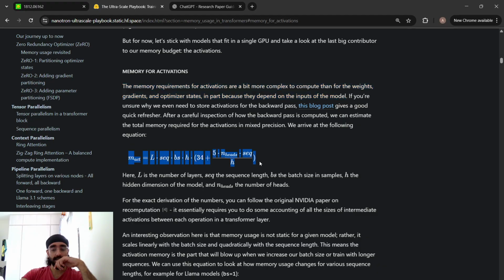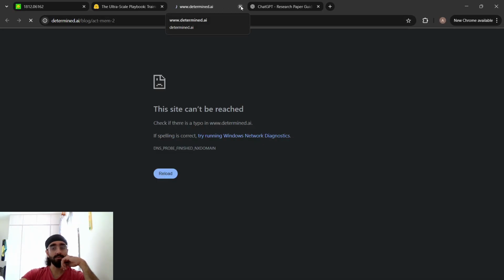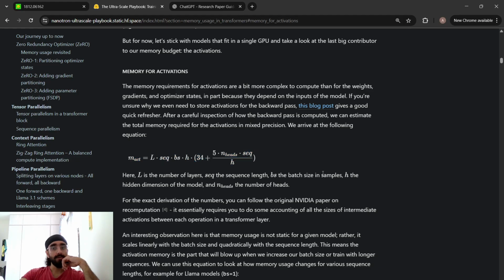And they calculate the activation memory required. Do you want me to go through the derivation of the activation memory? Seems like it does not load, so I can't show the calculation, but I'll tell you how to calculate the activation through these words.